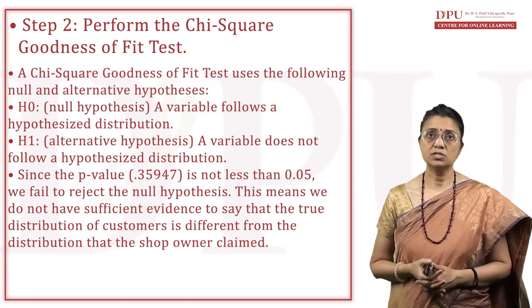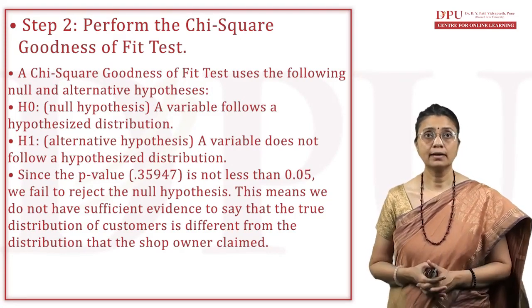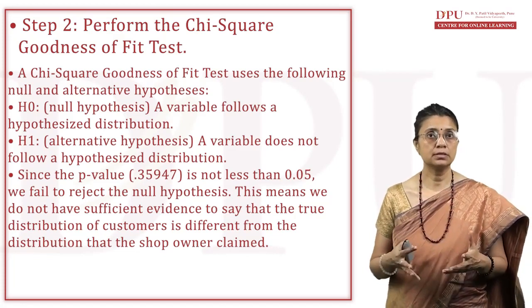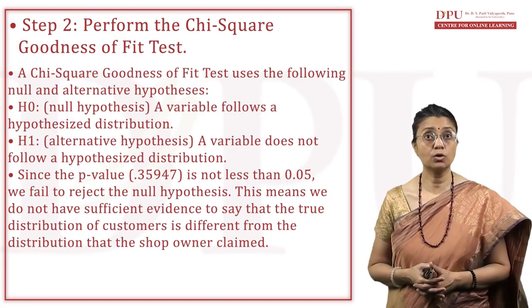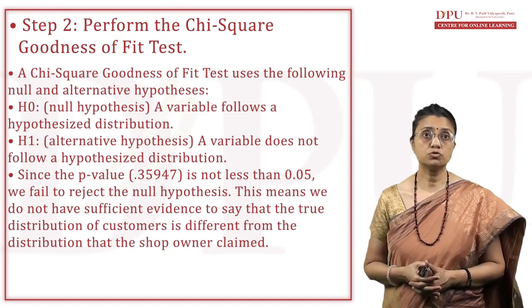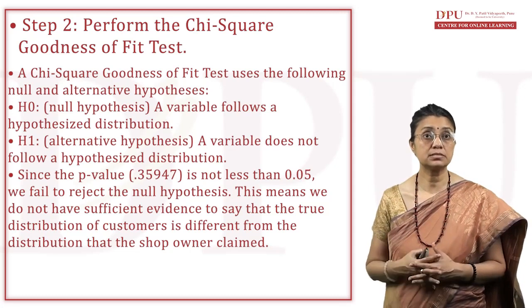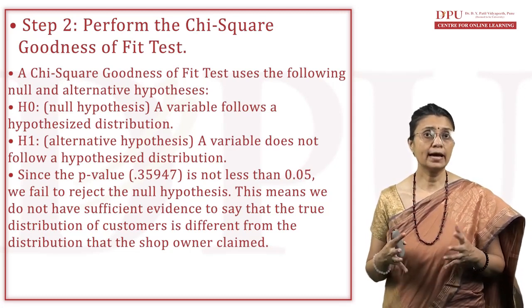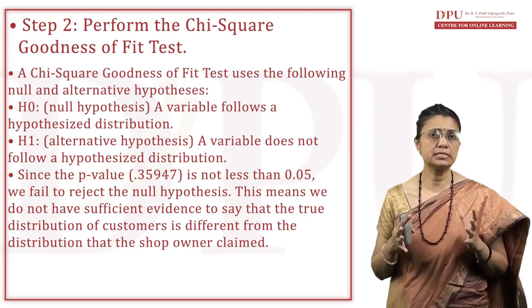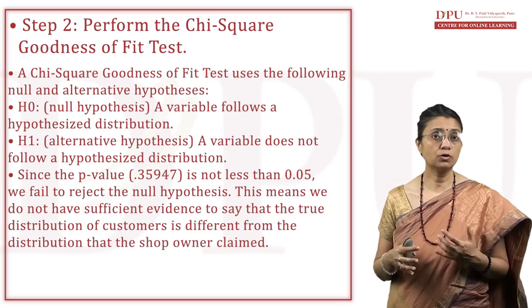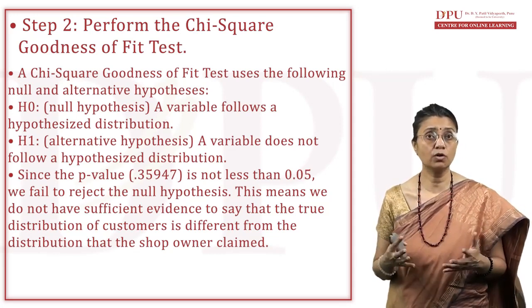The chi-square goodness of fit test uses the following null and alternative hypotheses. The null hypothesis says a variable follows a hypothesized distribution. And the alternative hypothesis says a variable does not follow a hypothesized distribution. So the null hypothesis was that it is a hypothesized distribution, that it is the same. But the alternative hypothesis says that it is different on all the days.